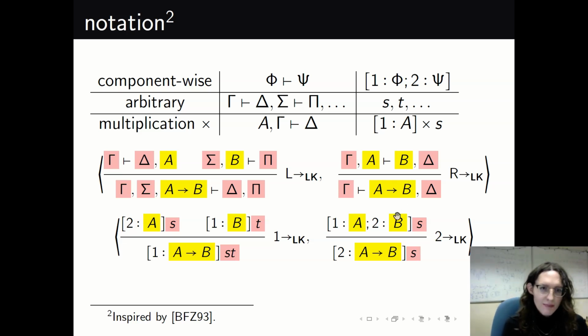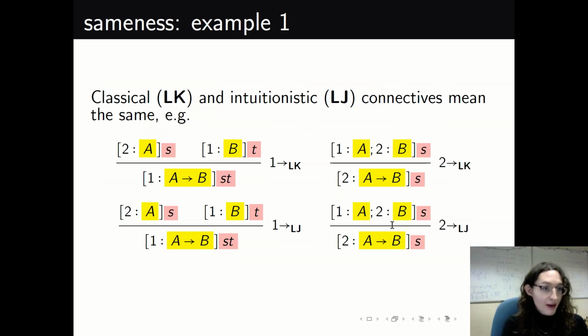Now what's really handy about this notation is that if we move back to our original example where we look at the classical LK and the intuitionistic LJ connectives, specifically here the conditional again, we can really clearly see that those two rules have the same active formulae in the same spots, because the same active formulae are just in the same component in our notation, as the corner brackets make clear.